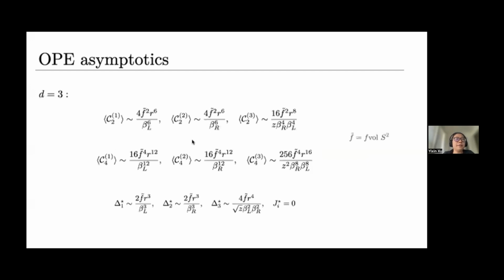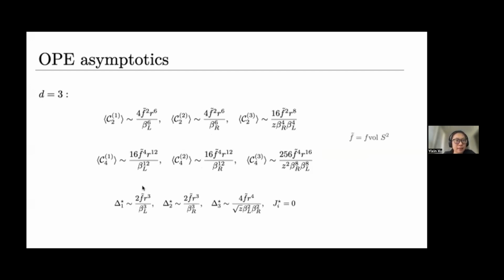So using this dumbbell channel expression, we can explicitly evaluate the Casimir expectation values. But to give you a feel of how this trick works in practice, here are the Casimir expectation values in 3D. Now, if we take the square root of the quadratic Casimir, you will get the leading term in delta star.